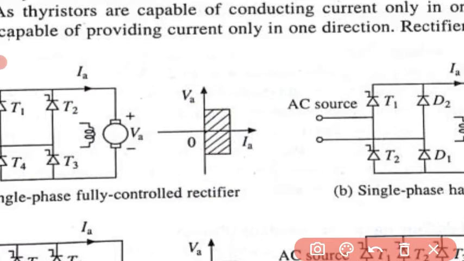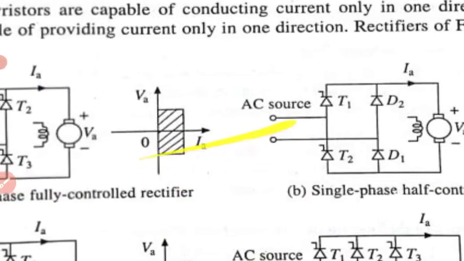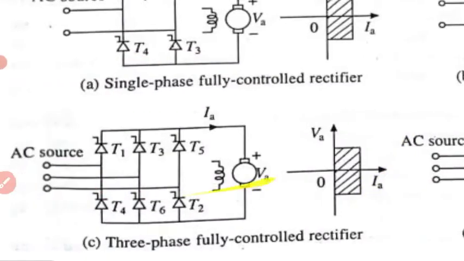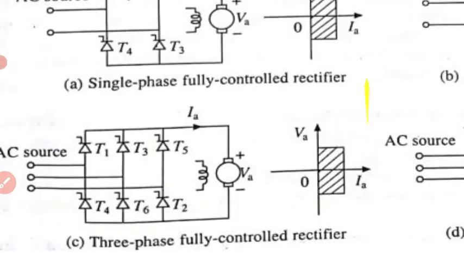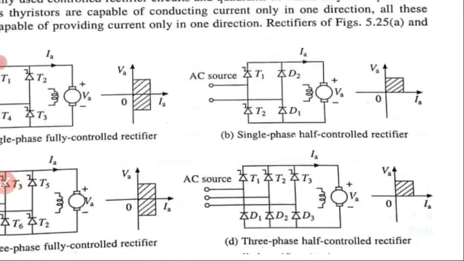Similarly, the half controlled rectifier will operate only in the first quadrant. Similarly, three phase fully controlled rectifier also works in first and fourth, half controlled in first quadrant. I will discuss how it operates. Let us have a close discussion about the first quadrant and fourth quadrant, how it operates.